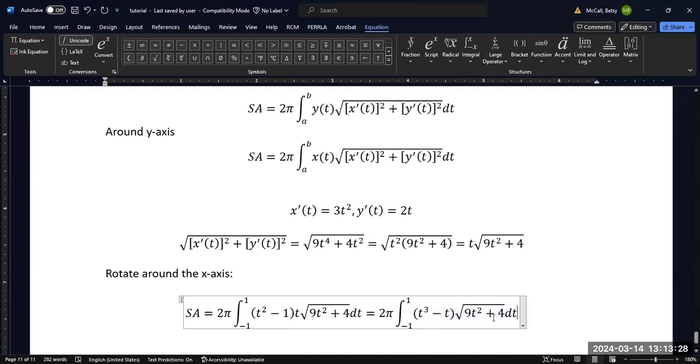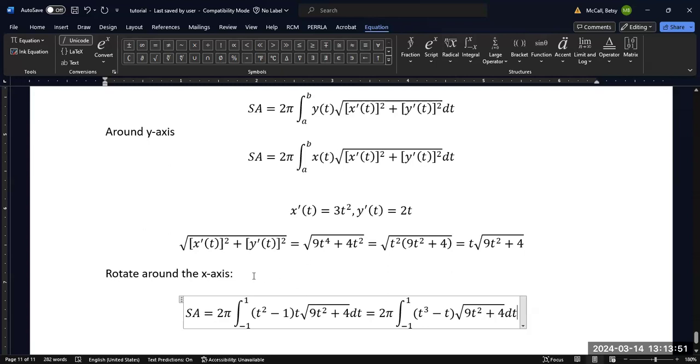if we were to try to do it by hand, is that the term with the t on it and the radical is just going to be a straight up substitution. But when we do the t cubed times the radical, then we're going to have to do integration by parts on that term. And then we'll be able to do straight substitution.